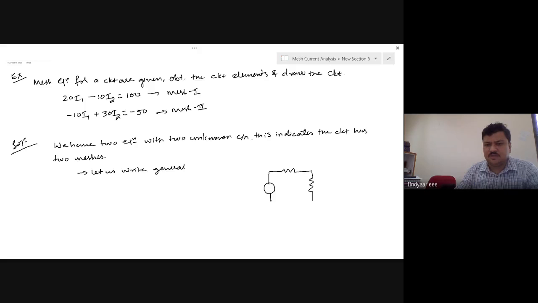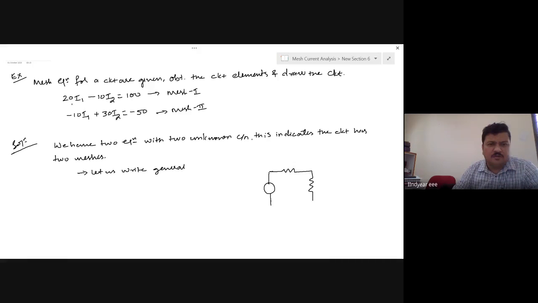Direction we will check. So there are three terms in the mesh 1 equation: 20 I1, minus 10 I2 and 100. So there are three elements in mesh 1. Coefficient of I1 indicates one element in mesh 1. If the coefficient of I1 and coefficient of I2 had been the same, then I would have thought that there is no series passive element with the source.